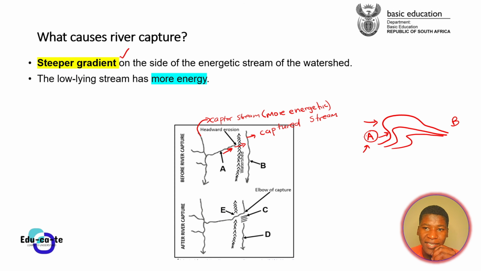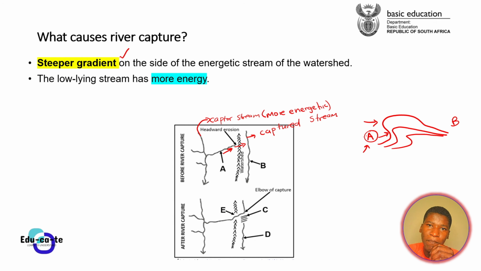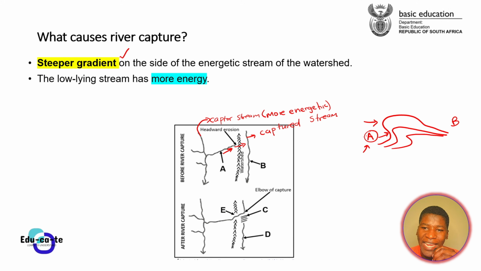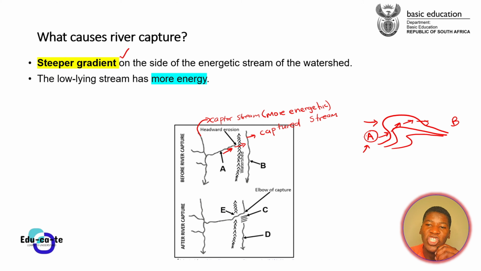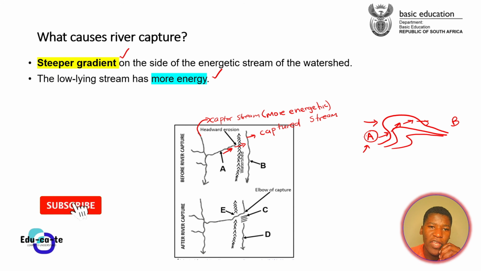In essence, if the more energetic stream is in a lower lying area, it is able to erode upstream, because remember that headward erosion occurs when a river erodes backwards, towards its source upstream. So if river A is in a lower lying area, it's able to erode upstream and cause the watershed to change its position such that it's able to steal the waters of river B. So the lower lying stream has got more energy.